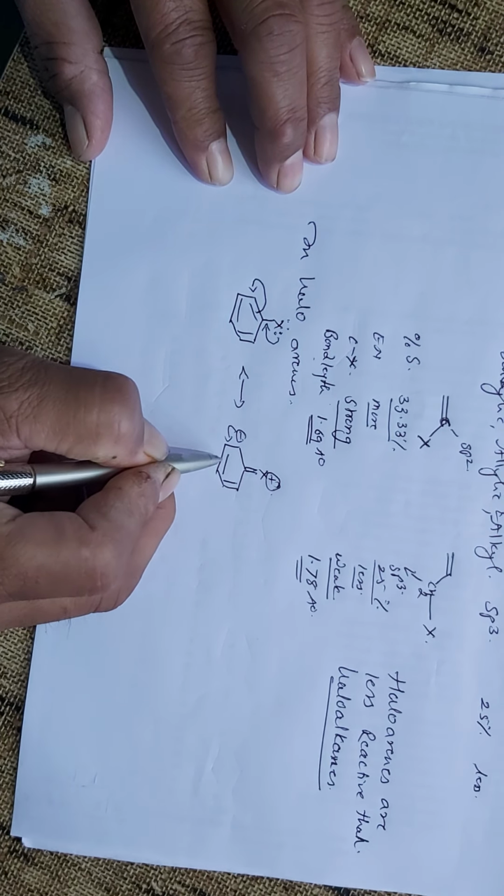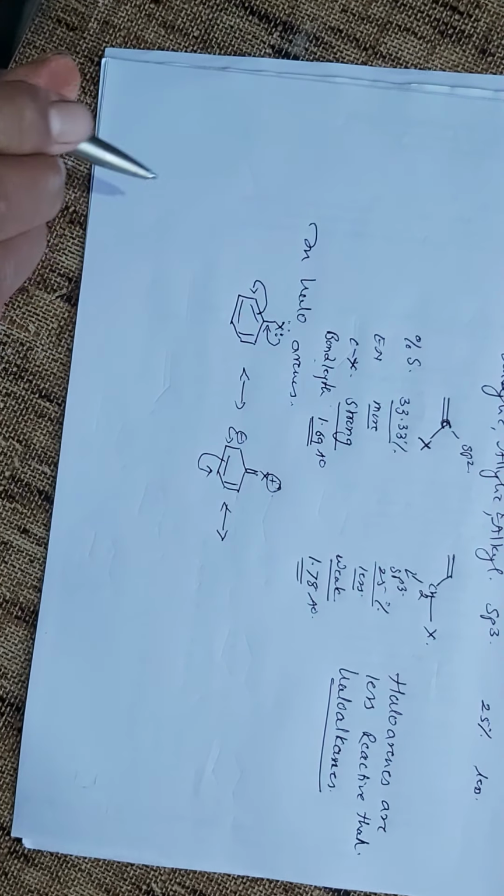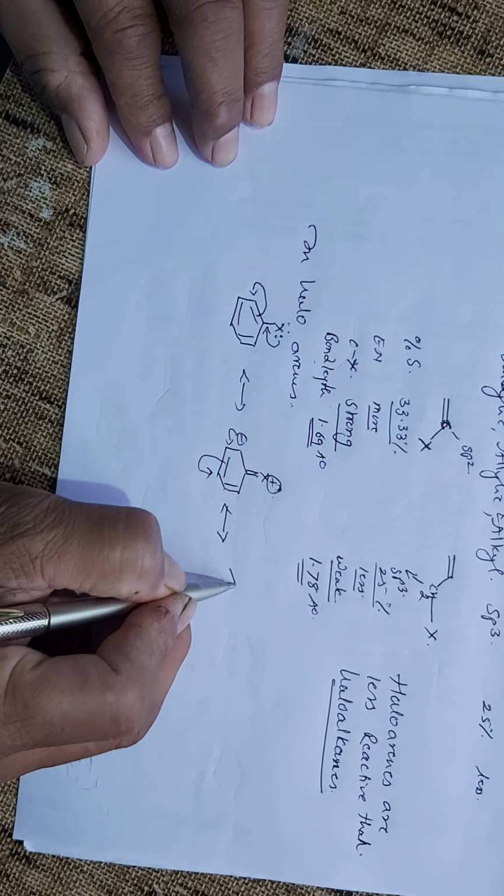This delocalization of the lone pair of electrons takes place in the whole ring in this way.